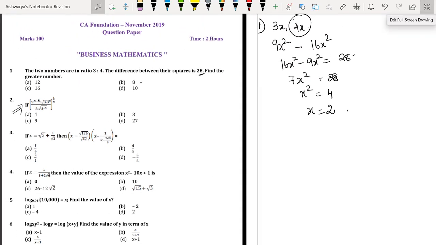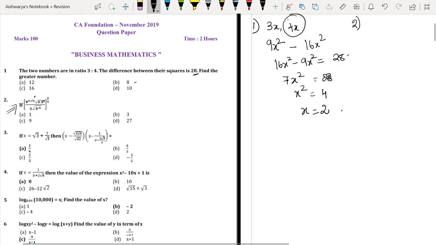Actually, these questions, CA Institute does not publish. It is out of memory of students. So we need to check if it is properly typed by them. There could be an error also. I haven't solved this question till now, so I also don't know. I'm going to check with you all now.